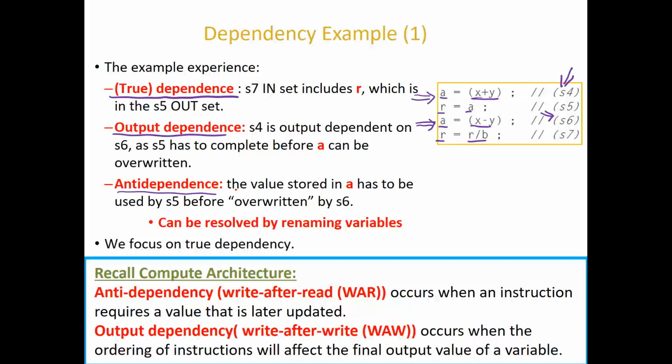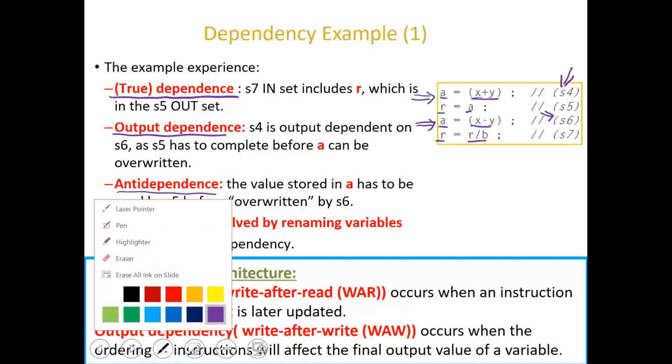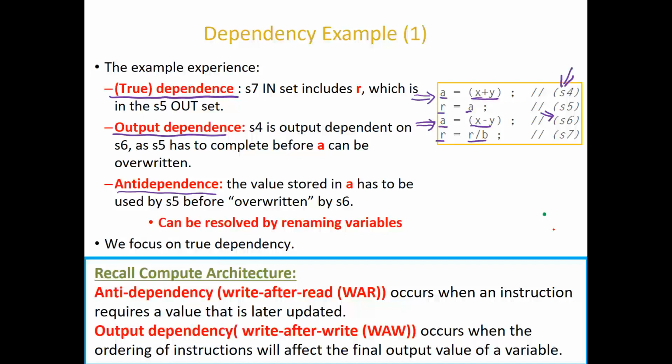Notice that A is being read by this instruction, and there is a dependence here, where A has to be used by this instruction before it is written by this instruction.